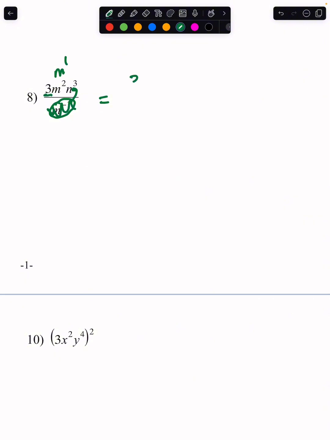I have these two plus that one goes there. And then I just have this n cubed that was just kind of hanging out right there. Not too bad, not too bad. And let's keep moving. See, these are really easy once you get the hang of how to do those.